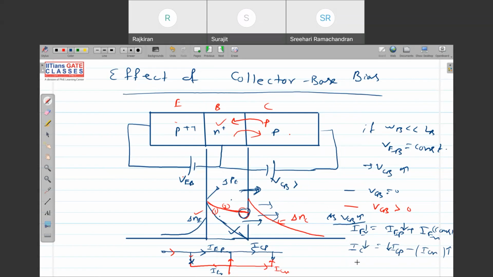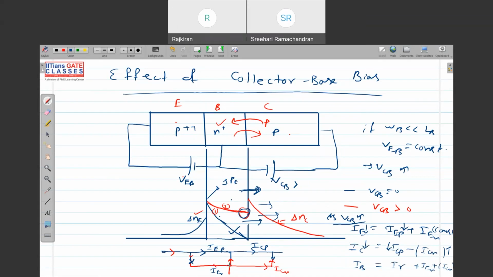So then what will happen to my IB? My IB is nothing but IR plus IEN plus ICN. So this IB is providing injecting electrons to the emitter, injecting electrons to the collector, and also providing the recombination current.